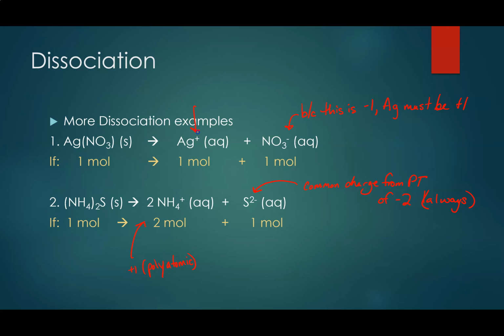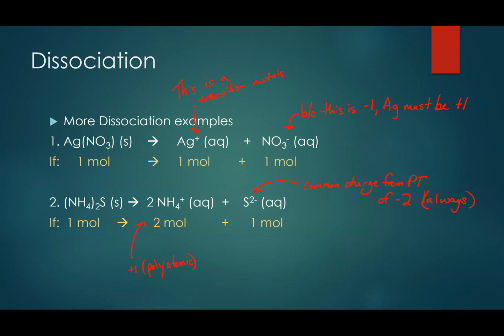Up here, why did we not automatically assume that the silver was a +1? Because this is a transition metal. Remember, transition metals have several different charges. You cannot assume what that charge is.